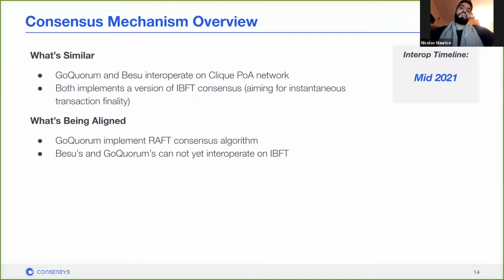So we need to work to make those elements align and be able to create networks which are mixed between Besu and GoQuorum clients, and that can interoperate on a single IBFT algorithm. So our timeline to reach that is mid-2021.